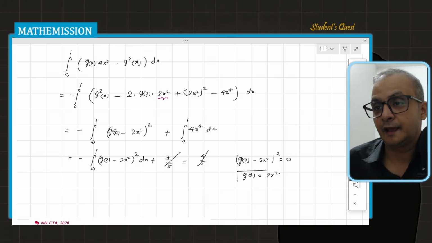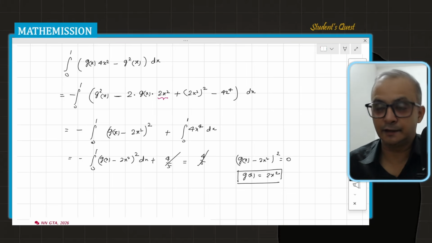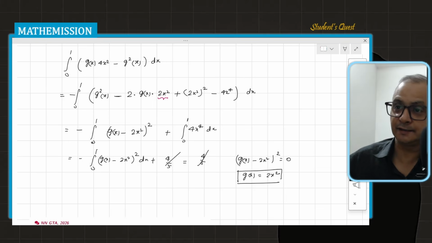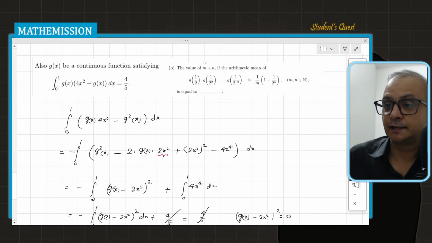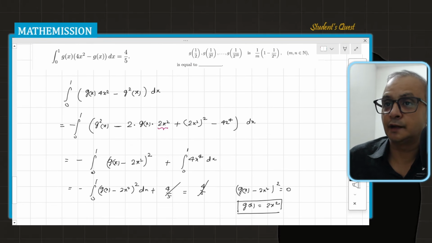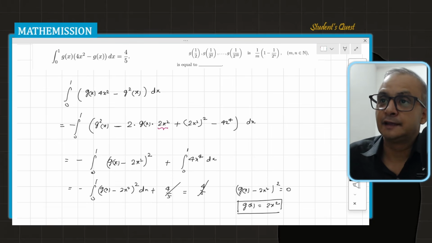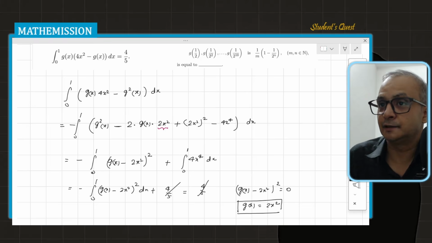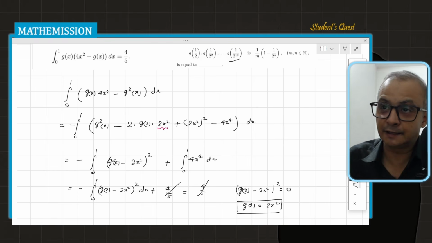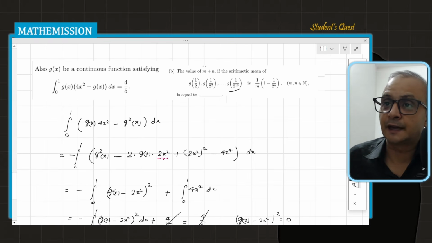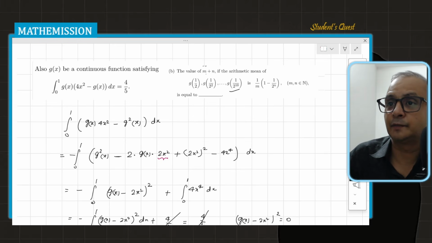and so we got g(x) is equal to 2x squared. And after that, I don't think any student who is preparing for JEE Advanced cannot do it, because g(x) is equal to 2x squared, so we have to put g(1/2), then g(1/2 squared), g(1/2 to the power 10) and so on. So we use this, and after that we have to write this entire sum, the value of m plus the arithmetic mean, they're asking.